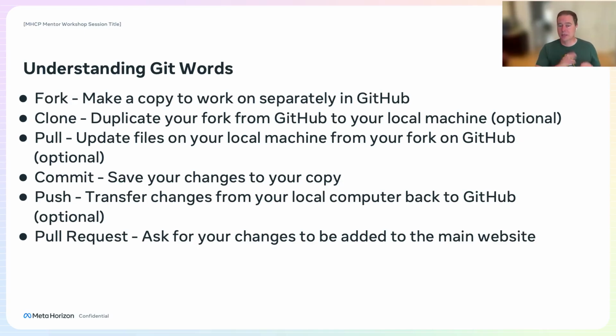But those are optional steps. You can just edit everything directly on GitHub in your fork. For Samson, you can't create branches of the main repo, the MHCP creators repo. You don't have write permission there.